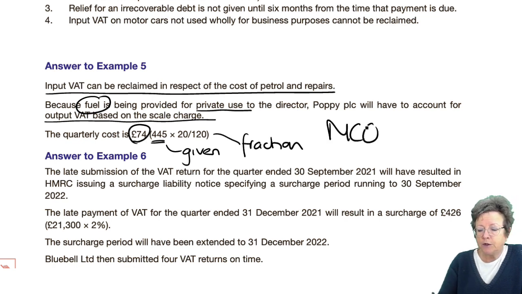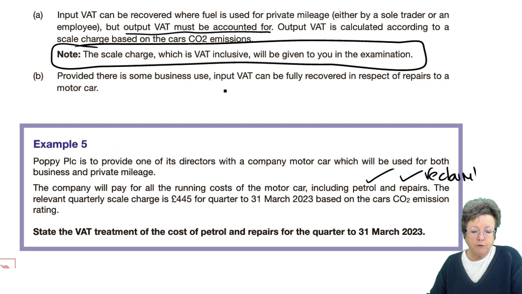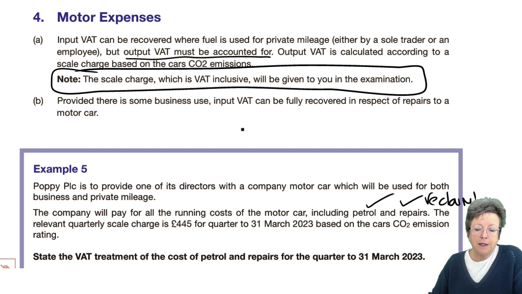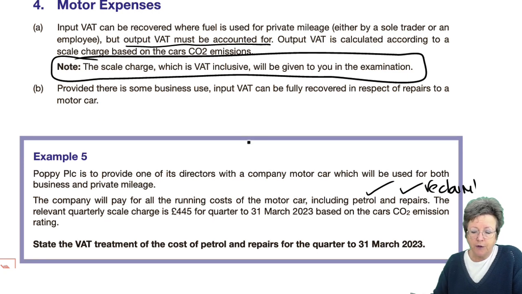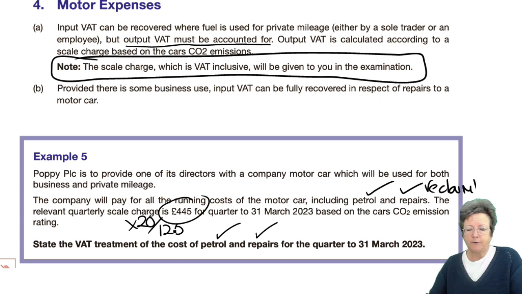Multiple choice question again, you can see that coming up as a multiple choice kind of question. So we just reiterate that you can claim the input VAT, but you must account for the output VAT, and the output VAT is using the scale charge. So they can have the cost of the repairs and the petrol, but they must account for output VAT using that, which is given to you in the exam, and that is the output VAT calculation.